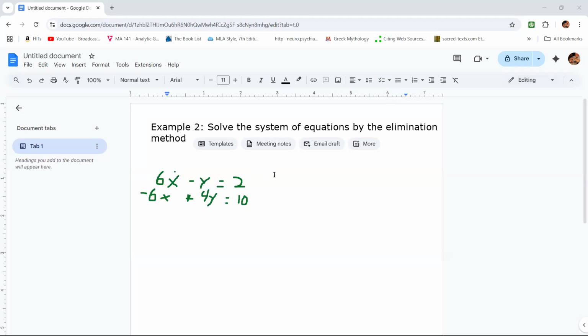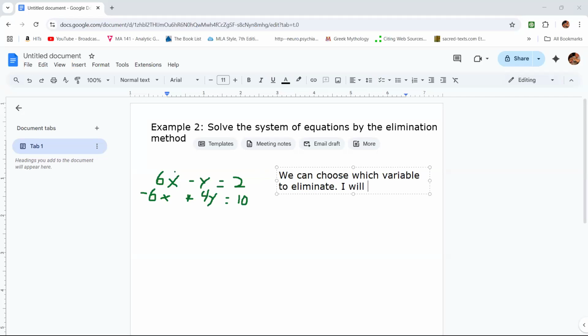So as I mentioned before, we can choose which variable to eliminate.